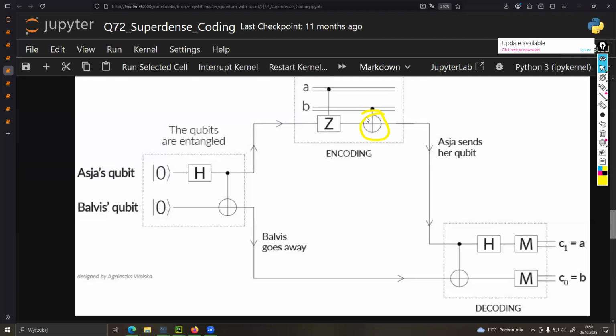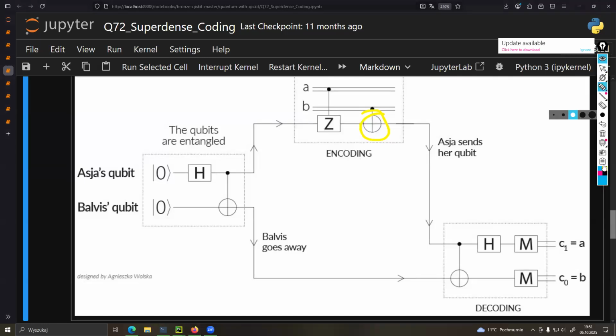Once my qubit, my particle, lands in Asia's quantum machine, she could fire some beam that will be responsible for performing this Z or this X. However, in this notebook, this is the notation. So we have these conditional bits, and we have certain quantum operators based on that.